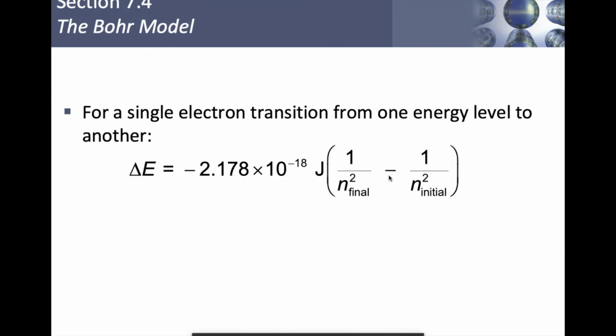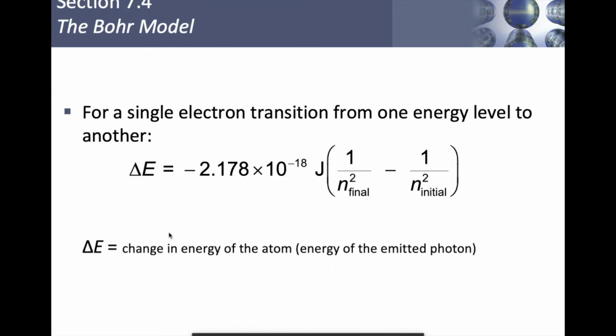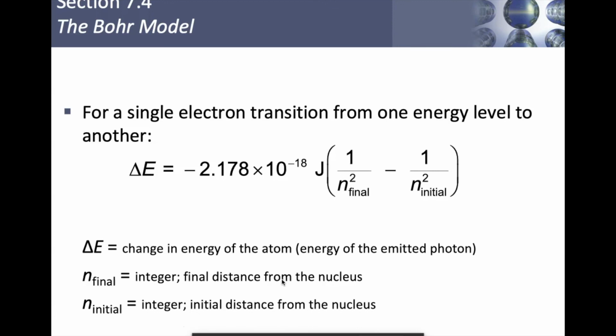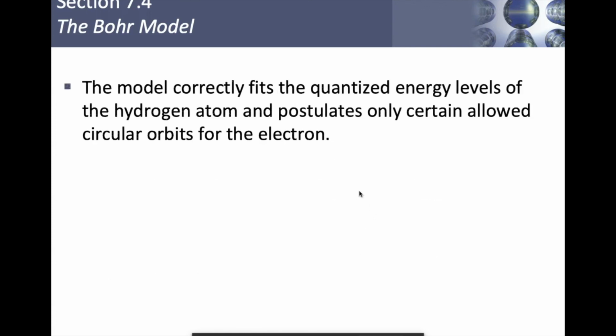All of the rest are in the infrared or the ultraviolet, so they're more energetic or less energetic. And like it says, that's the change in energy. N final is an integer, the final distance from the nucleus, between 1 and 7, and initial is the same thing. And we can calculate and find out the colors that we were just talking about by doing this type of calculation, okay?